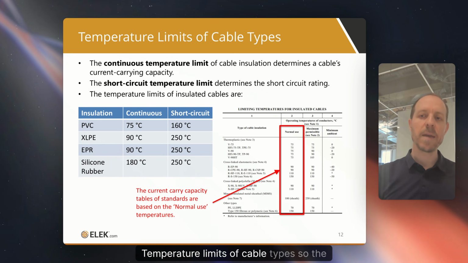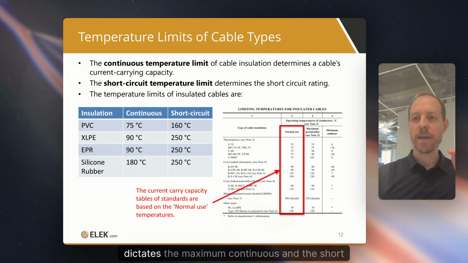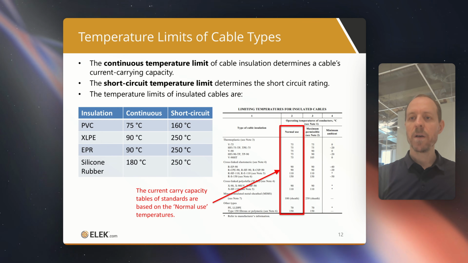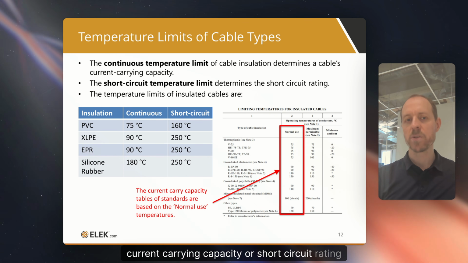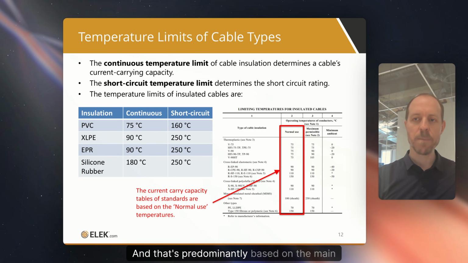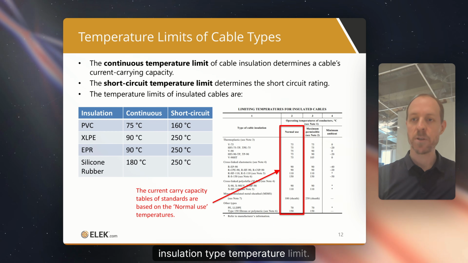Temperature limits of cable types. The temperature limit of a cable dictates the maximum continuous current capacity and the short circuit rating of the cable, and that's predominantly based on the main insulation type temperature limit.